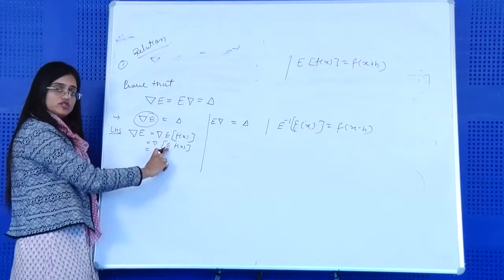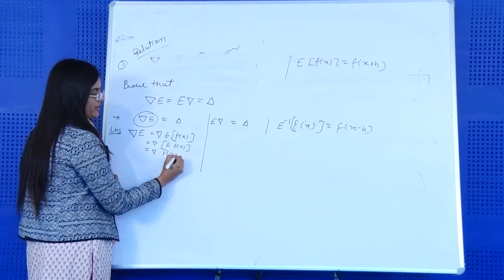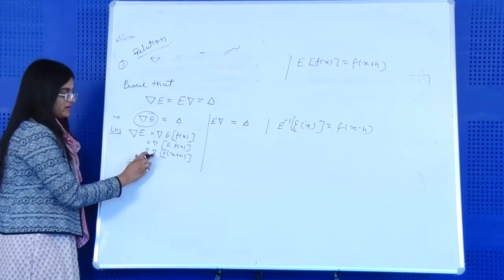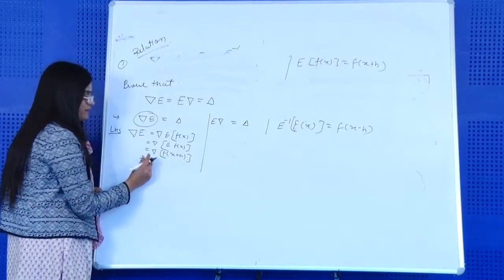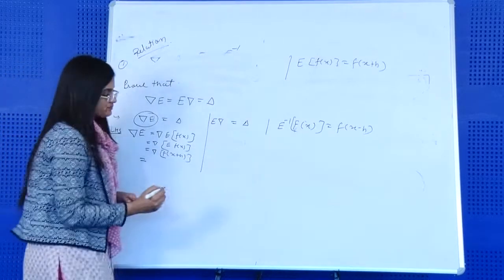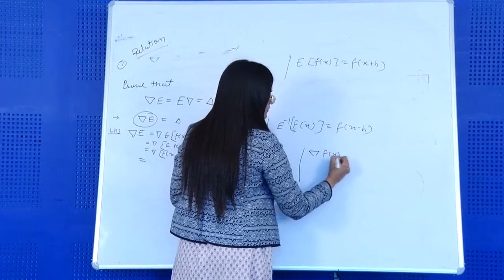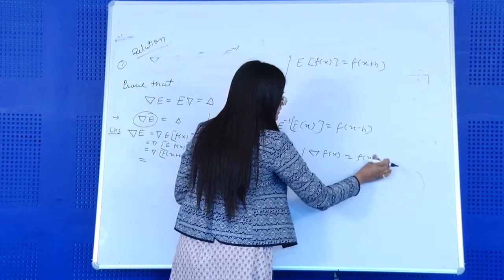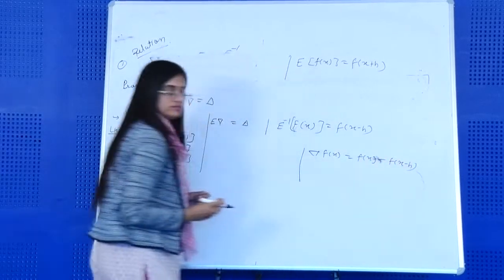By the definition of the shift operator, I get nabla of f of x plus h, and for nabla of f of x plus h, I again apply the definition of nabla, which is nabla of f of x equals f of x minus f of x minus h.